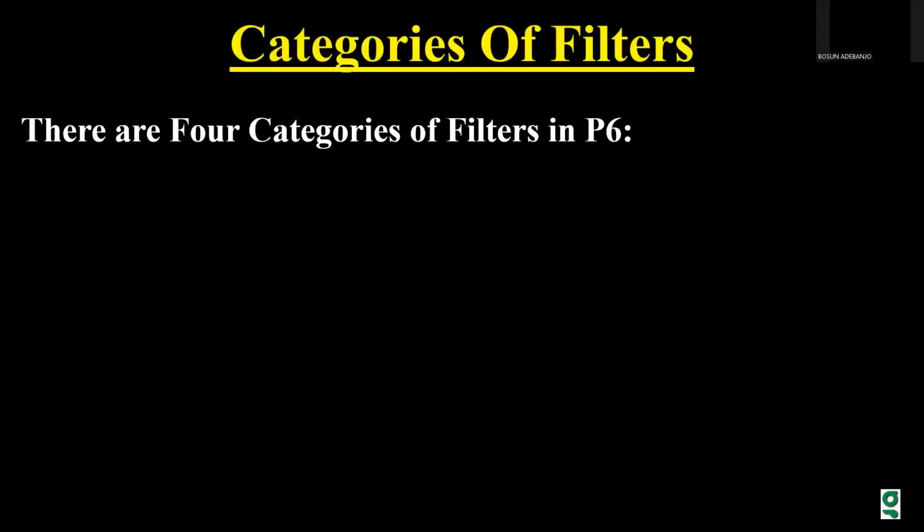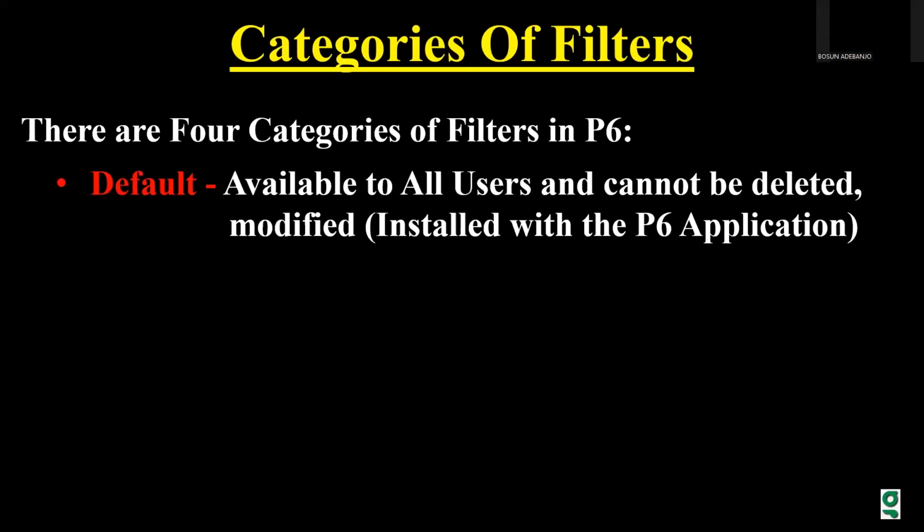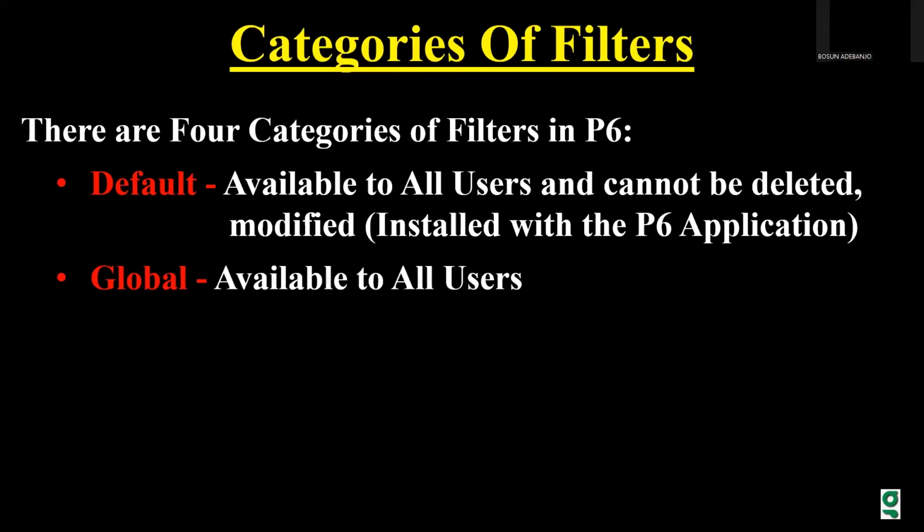There are 4 categories of filters in PCs. We have the default category, which is available to all users and cannot be deleted or modified. Then we have the global category, which is available to all users.